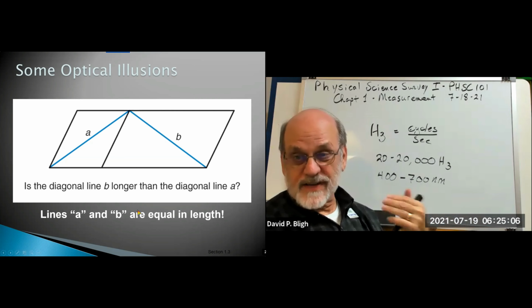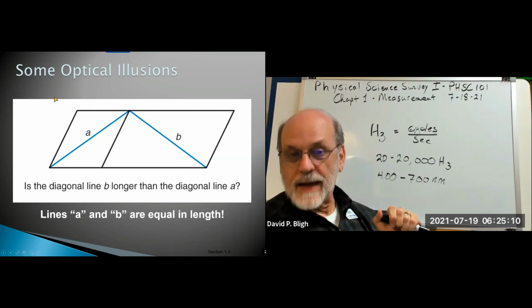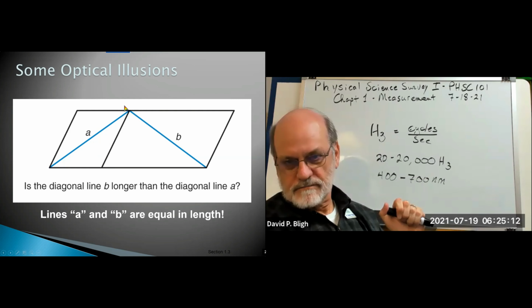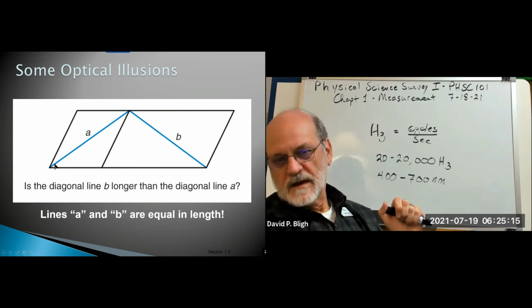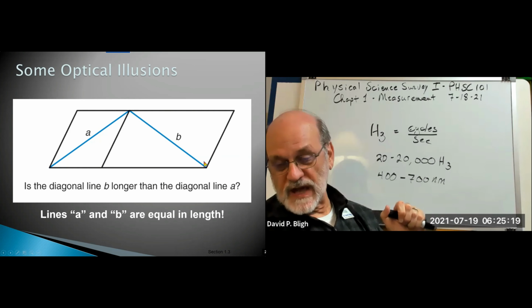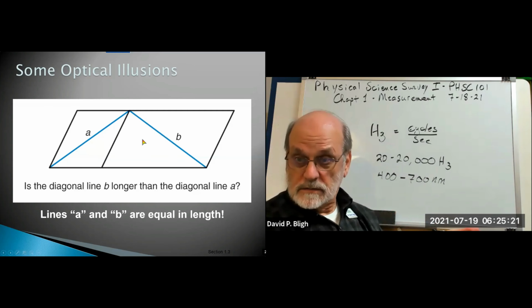The other problem is our senses can be deceived. Optical illusions are examples, right? Look at this figure and say, this line A, this blue line A, and this blue line B, are they equal in length? Actually, they are.